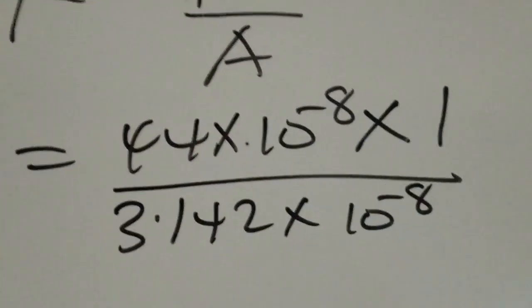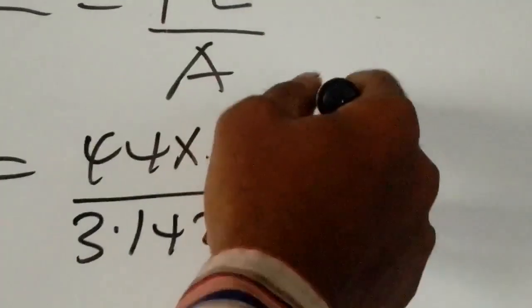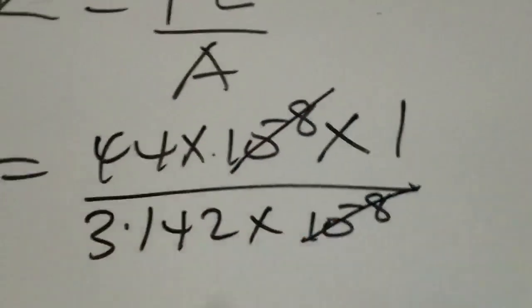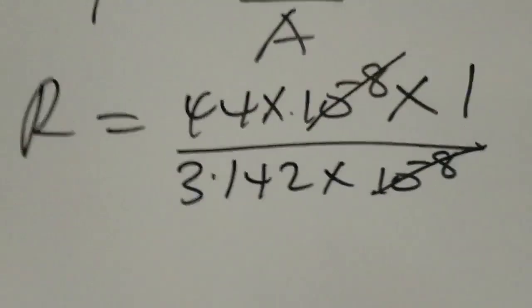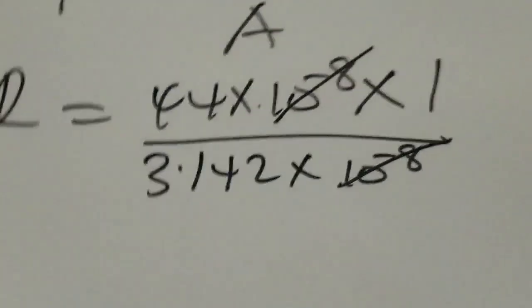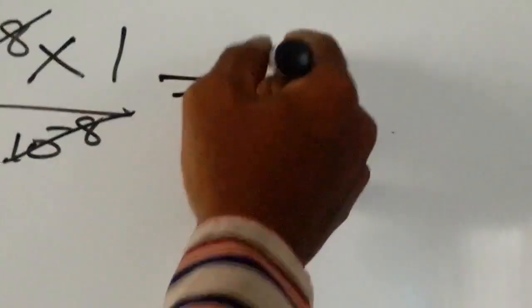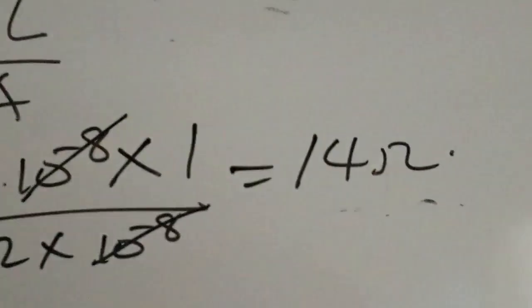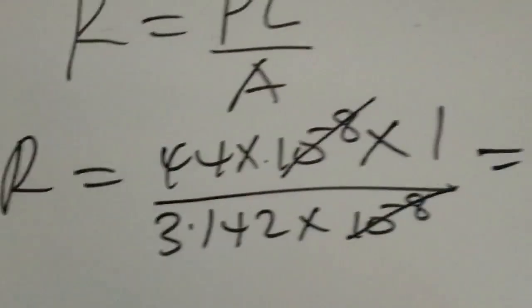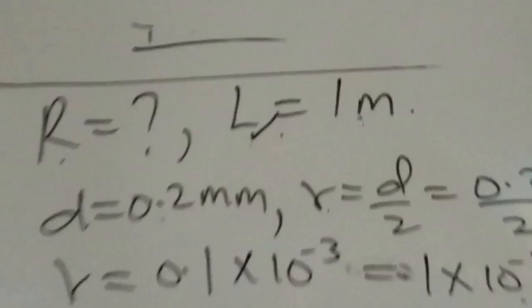So 10 to the power minus 8 cancels 10 to the power minus 8. We now have 44 divided by 3.142, and that will give us approximately 14 ohms. So the wire has a resistance of 14 ohms, and that is the answer to the question. Take a look at our solution as we go to the next question.